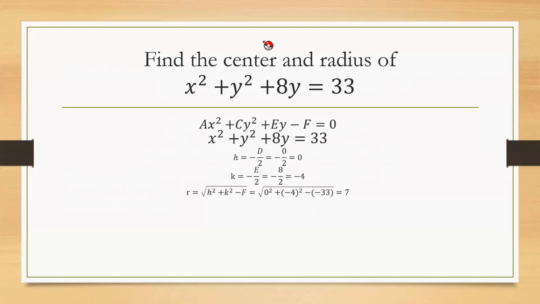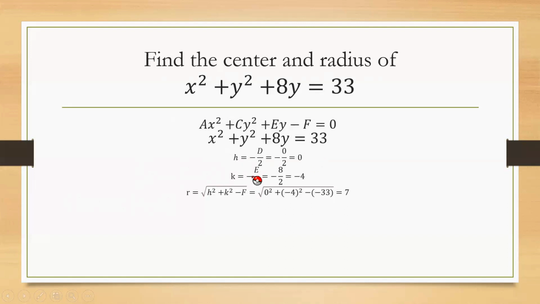So as we could notice, the d is missing. So that can only mean that d is equal to 0. That is why we put 0 here. And 0 over 2 is always 0. That means our h is equal to 0.